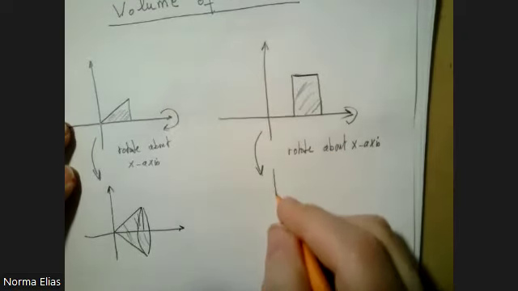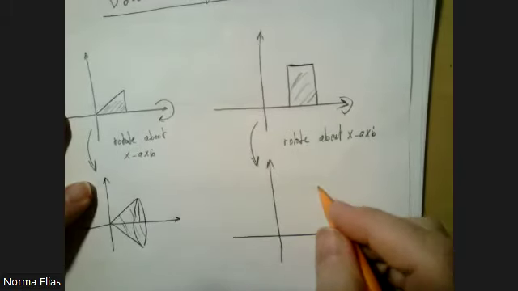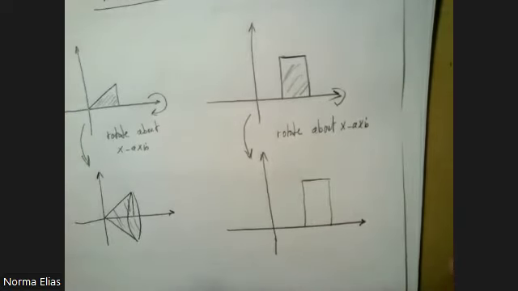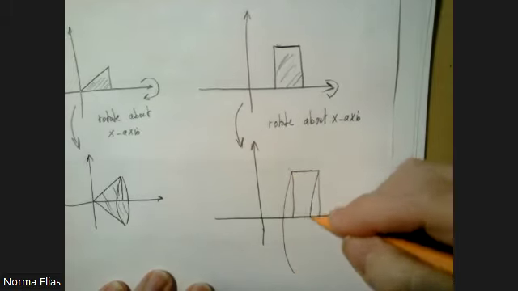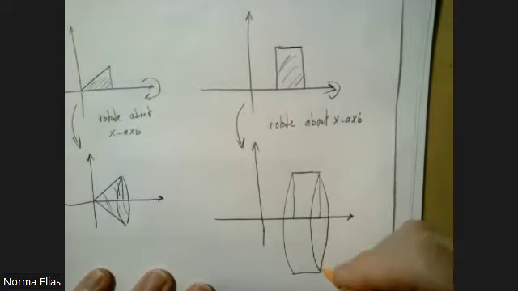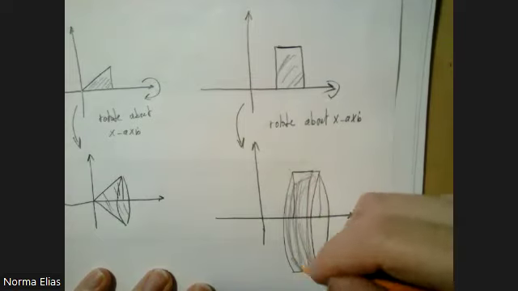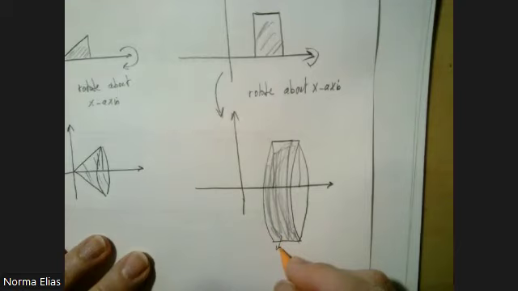What do we get? We get a cylinder. Absolutely correct. So this is a rectangle, I rotate it, and we're going to get the cylinder.